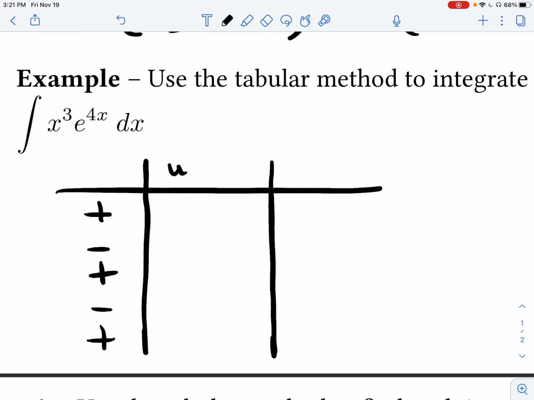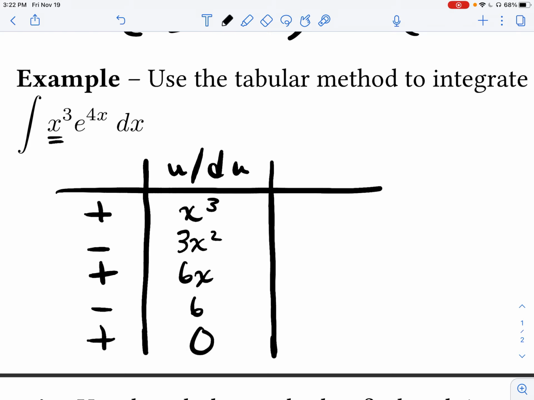In the second column, we've got u and du. So we're going to say u is equal to, you guessed it, x cubed. Why am I choosing x cubed for my u? Because its derivative ultimately gets down to 0. So I got 3x squared, 6x, 6, and then ultimately 0. So I'm differentiating down. In the next column, I'm going to start with dv, which would be e to the 4x dx, and then I'm going to start integrating.